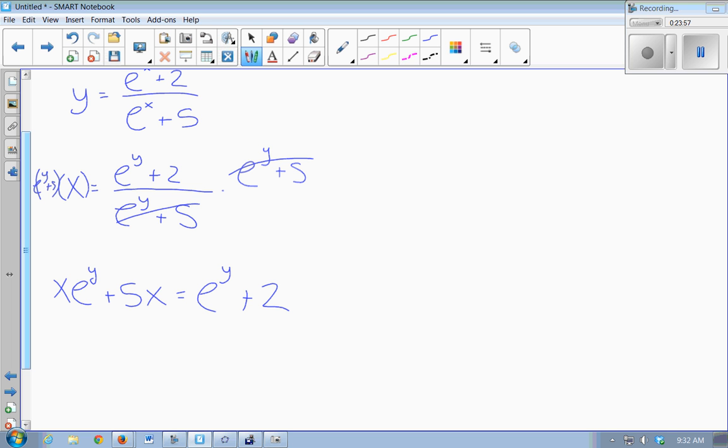So I should try to gather all the terms that have y's in them on one side. All the terms that have a y will gather together. All the terms that don't have a y will push off to the other side. So this is going to be 2 minus 5x. Move the 5x over. And this is x e to the y minus e to the y.